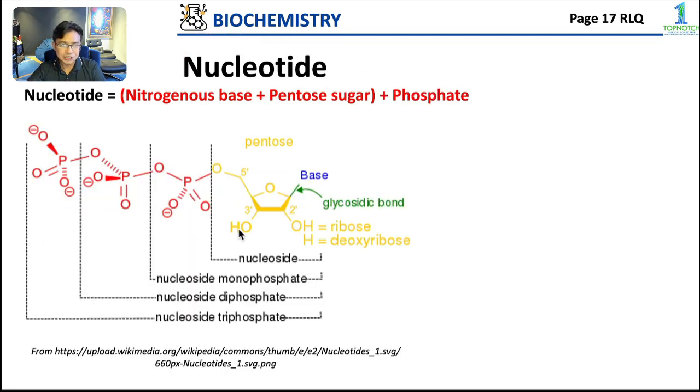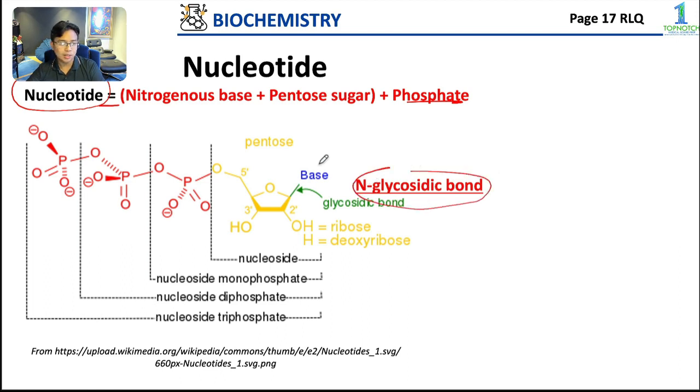But when you add a phosphate to the existing nucleoside, you now form your whole nucleotide structure. Again, you have T, guys: phosphate, nucleotide. Again, for review, the base combines with the pentose sugar via an N-glycosidic bond. The pentose sugar binds with the phosphate via an ester bond.